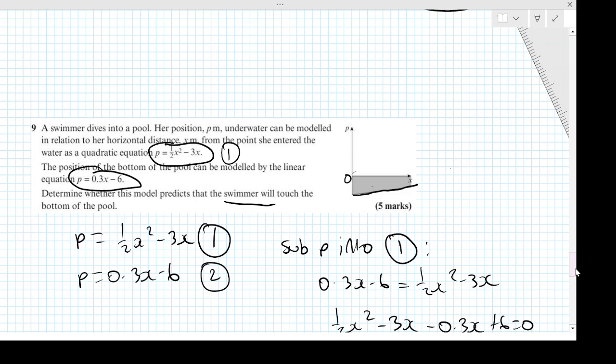And in this case, there's a real life implication, right, of determining if the swimmer touches the bottom of the pool. For example, if it did cross the bottom of the pool, maybe the pool may be too shallow. You don't want a pool that's really, really shallow, right? So that could have a lot of implications, right? But in this case, it does not touch the bottom of the pool.